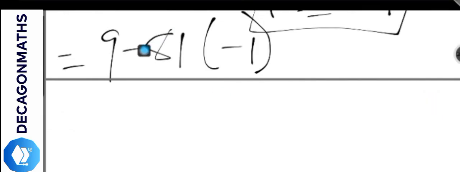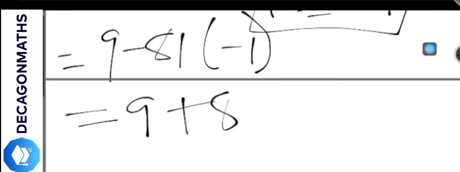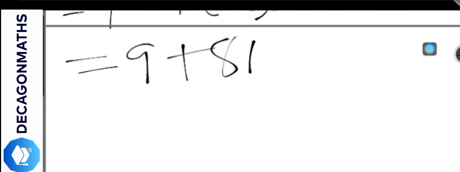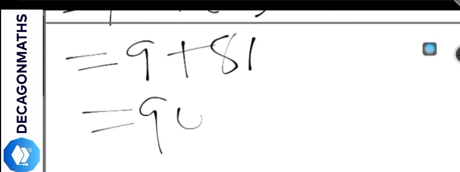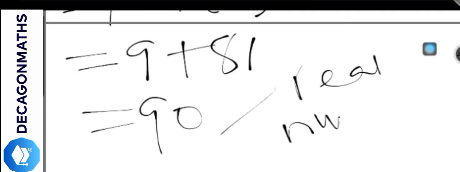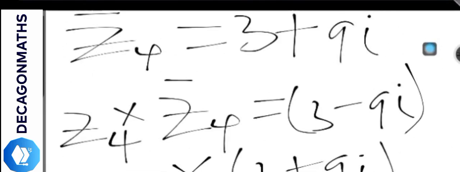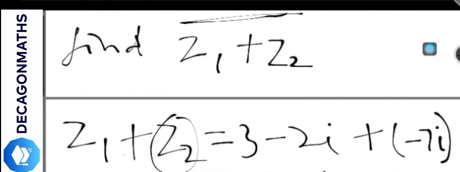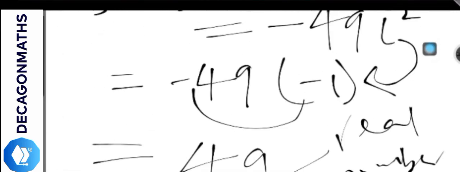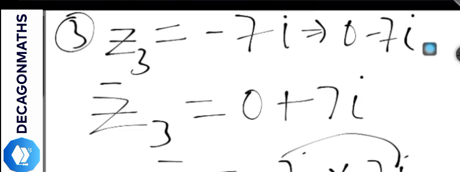So minus times minus is a positive, so we have 9 plus 81, which equals 90. 90 again is a real number. So far we have been able to show that a complex number multiplied by its conjugate gives a real number, right? Okay.